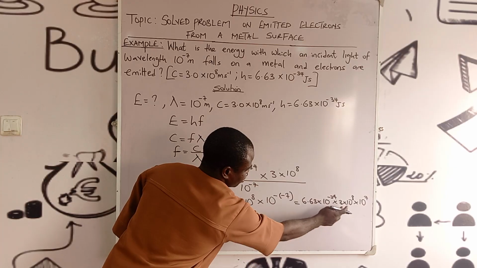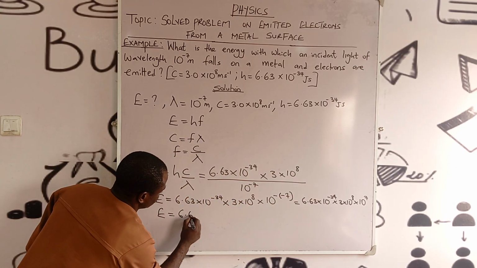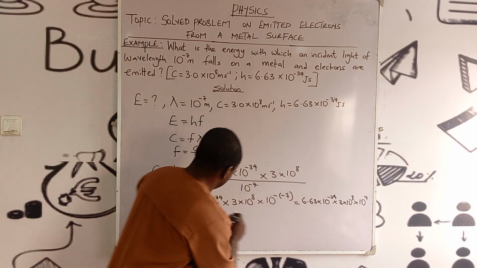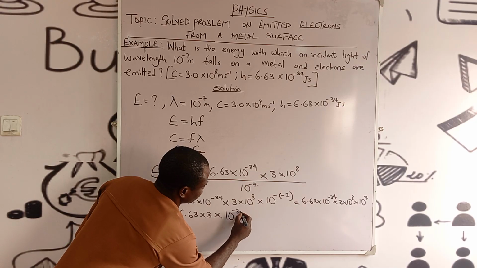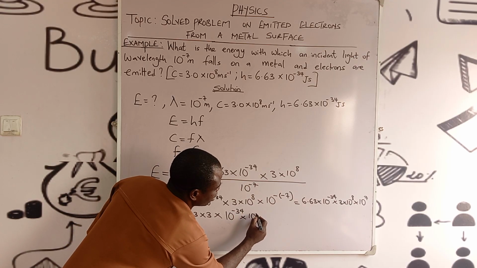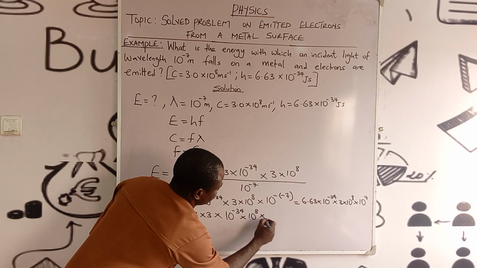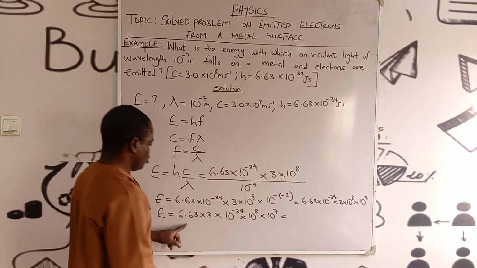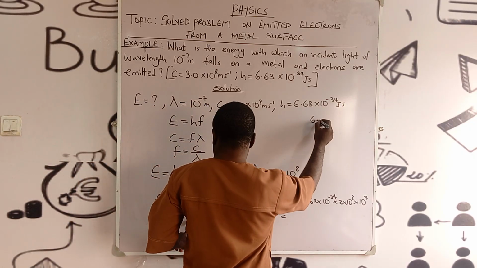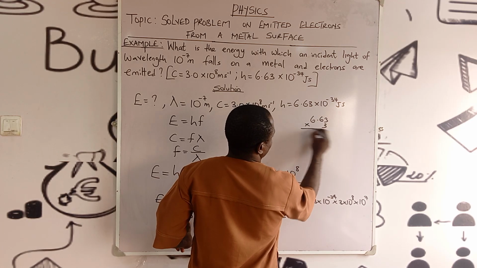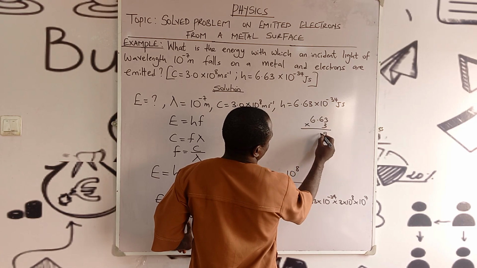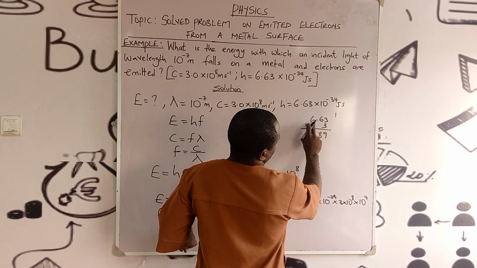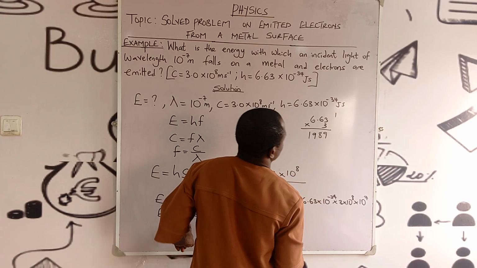Your energy now, let's multiply 6.63 times 3. Let's collect the like terms: times 10 raised to power minus 34 times 10 raised to power 8 times 10 raised to power 7. Now let's multiply 6.63 times 3. 3 times 3, 9. 3 times 6, 18, 8 carry 1. 3 times 6, 18 plus 1, 19.